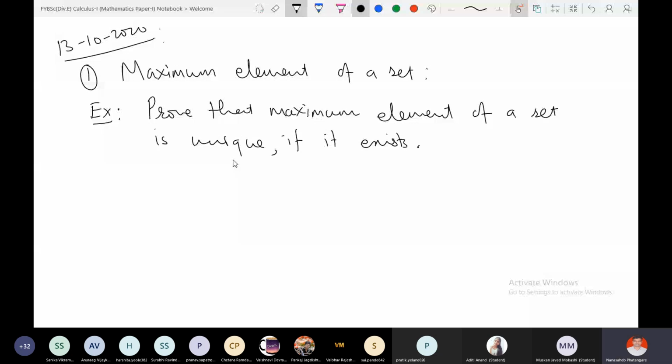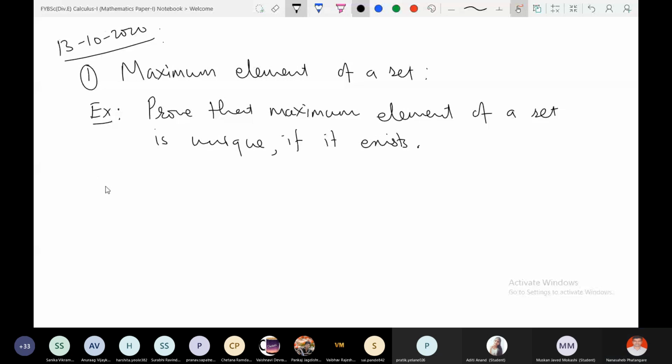So how will you check this? The maximum element of a set is unique if the maximum element exists. Do you understand the question? Yes. So how will you verify that if the maximum element exists, then it is unique?